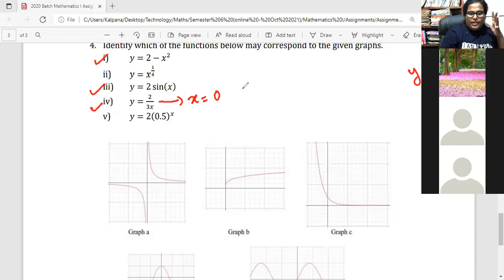So you can match these graphs by using the knowledge that you have about the graphs, domains, range, these things, you know that. So here also the point that you can get the answer for this fourth equation, you have to select a graph where the domain is equals to x in R but not included 0.